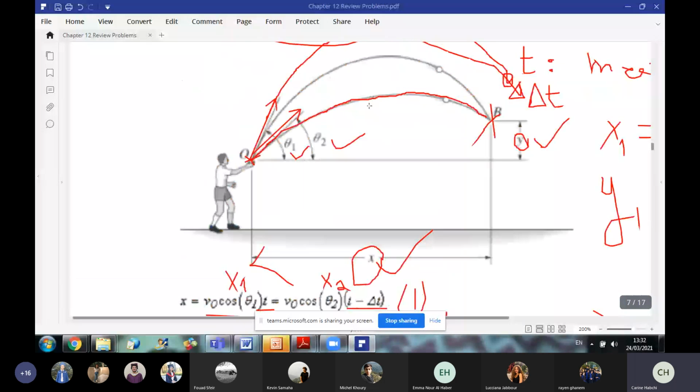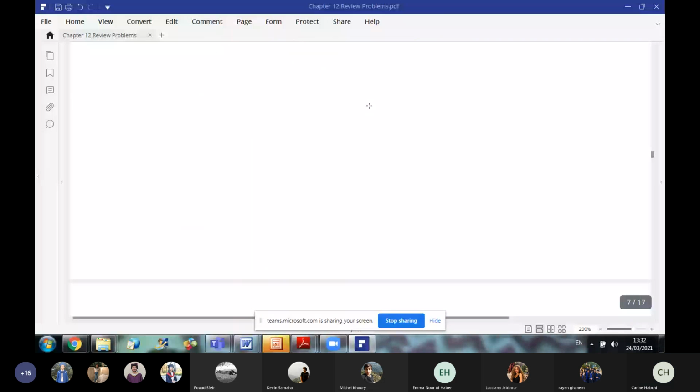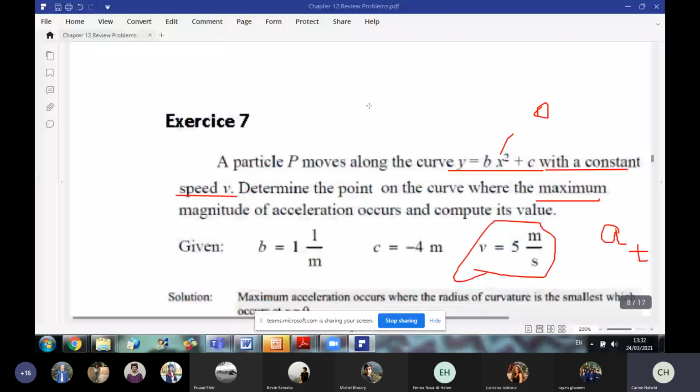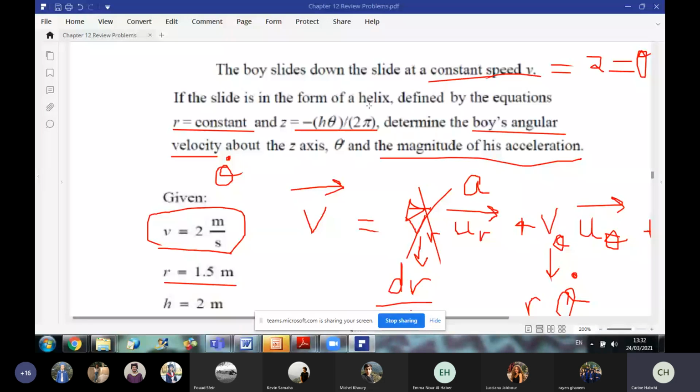If you are asking about problem 8, az is 0 because, as you can see here, z is a given function of theta, and z dot is a function of theta dot. But we figured out that theta dot is constant.